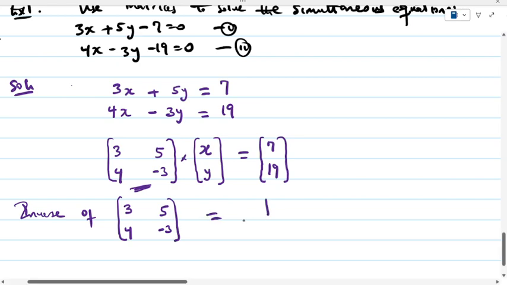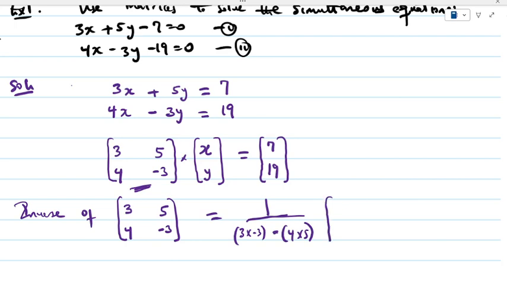The rule is to multiply with the reciprocal of the determinant, and the determinant will be minus 3 times 3, minus 4 times 5. Then we change the diagonal elements, I have minus 3 and 3, then change the sign of 4 and 5, that is minus 4 and minus 5.